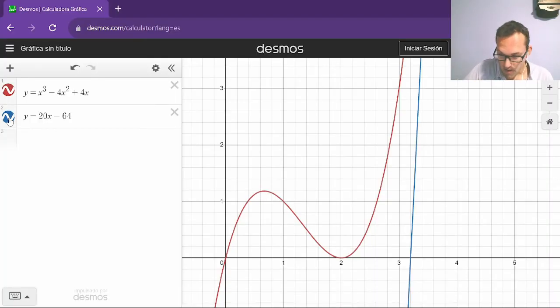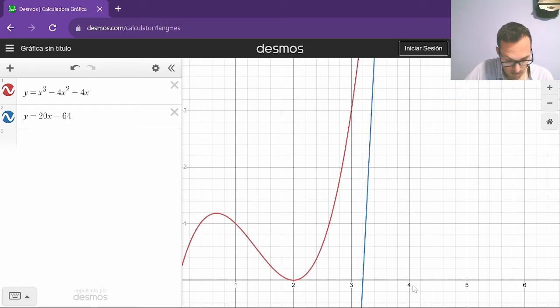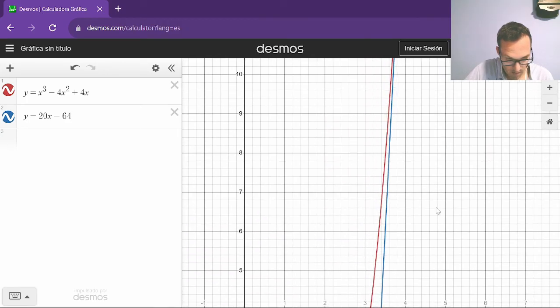So here I have the graph of the equation y equals x cubed minus 4x squared plus 4x. Now a tangent at x equals 4 means we'll have to draw a line that touches the graph at x equals 4. Okay, so this is what that tangent actually looks like. When we go to where x equals 4, now I have to go all the way up.